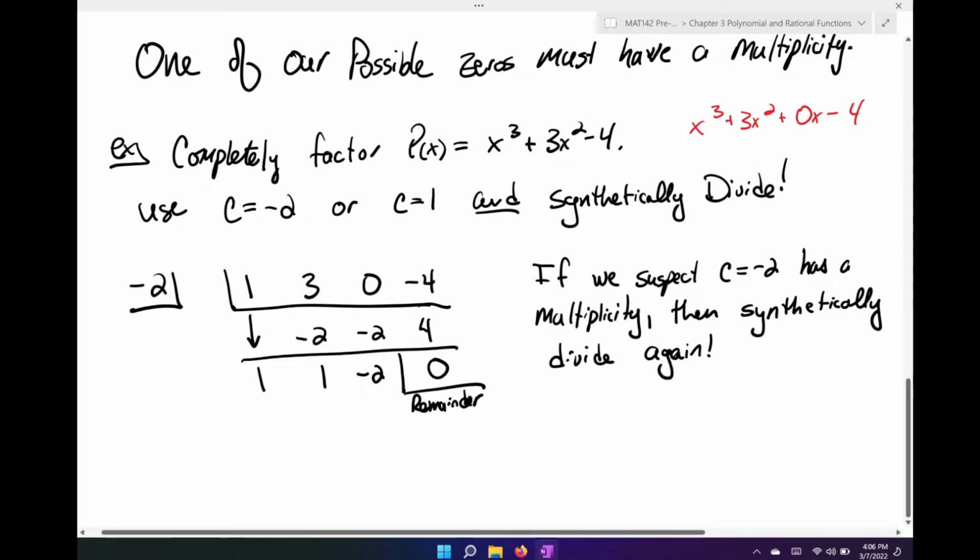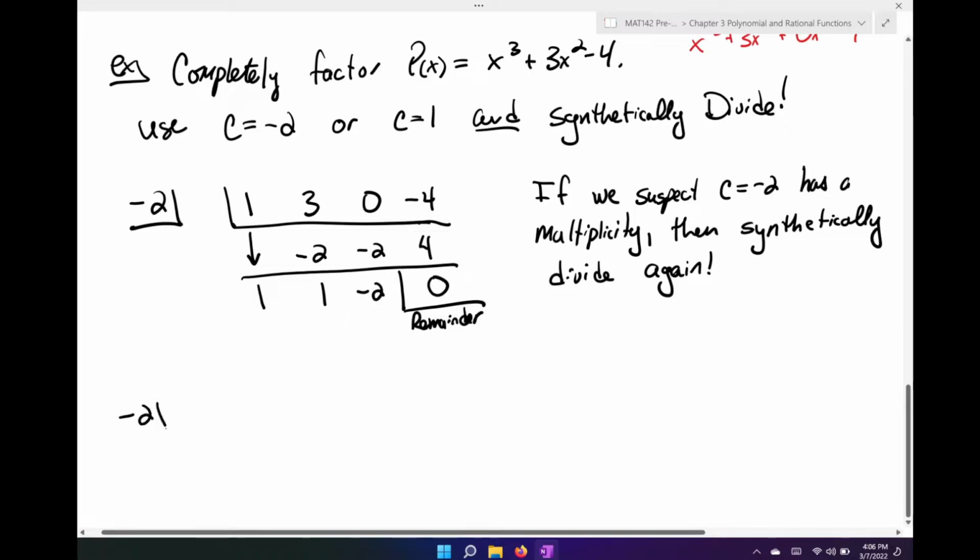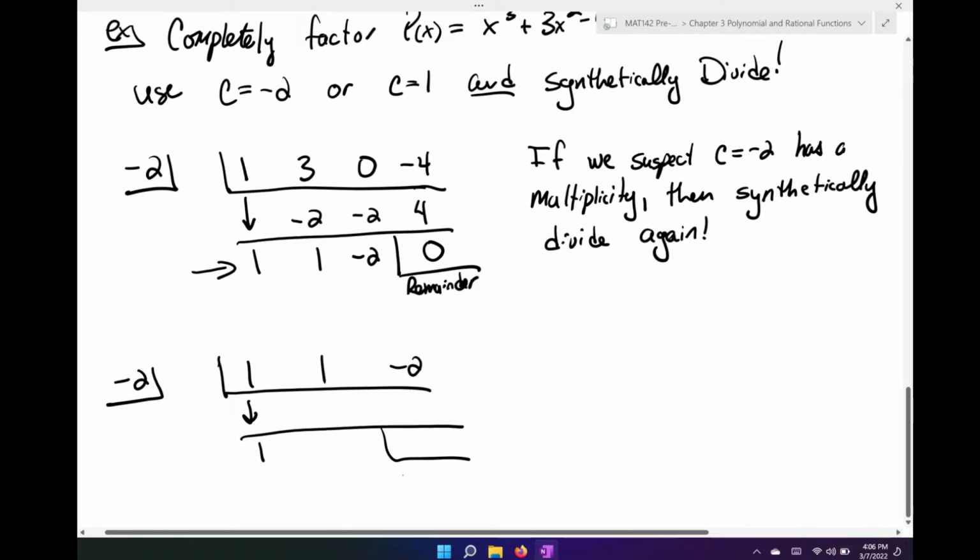Watch what I do here. I'm going to take negative 2 again, and I'm going to use my previous output. So I'm just going to copy down 1, 1, negative 2. And I'm hoping that this remainder right here is going to be a 0. If it's a 0, then I know negative 2 has a multiplicity attached to it.